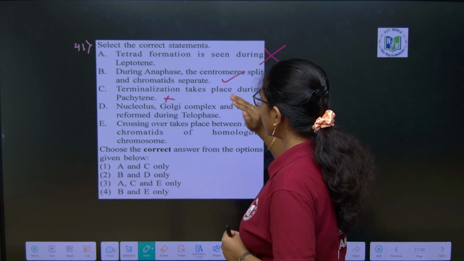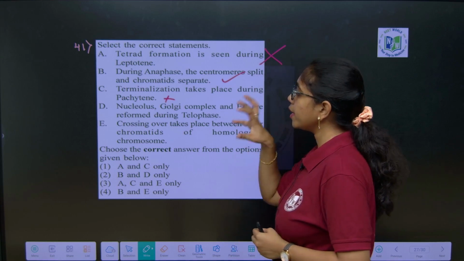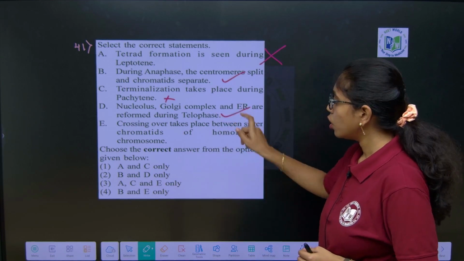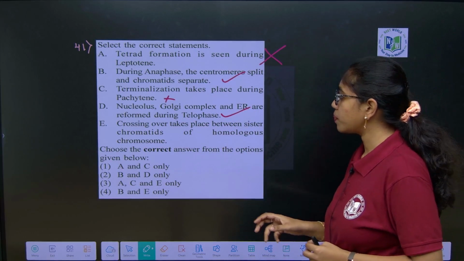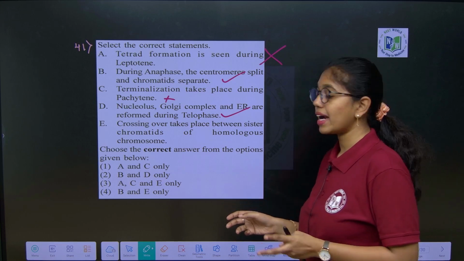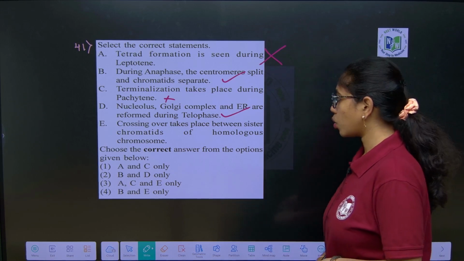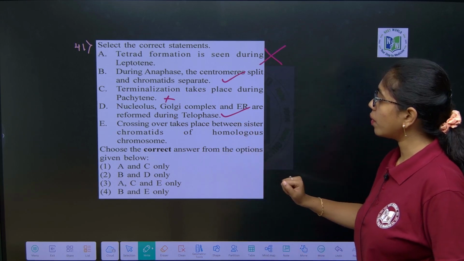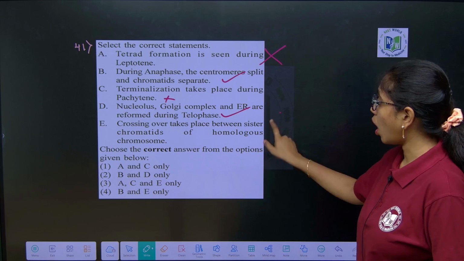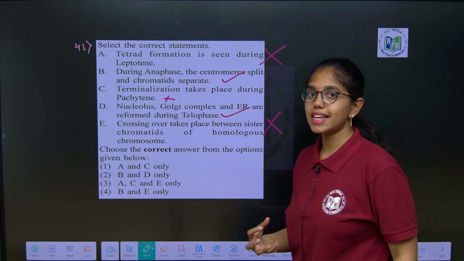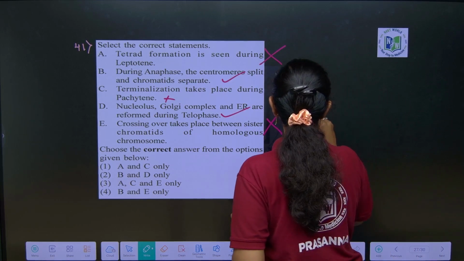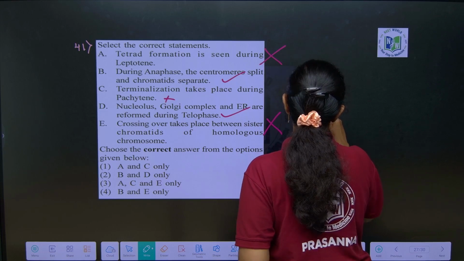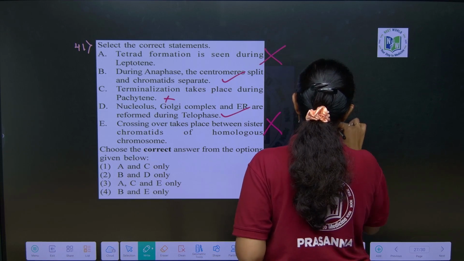Nucleolus, Golgi complex and ER are reformed during telophase. True. Crossing over takes place between sister chromatids of homologous chromosomes. Wrong. Crossing over always takes place between non-sister chromatids of homologous chromosomes.